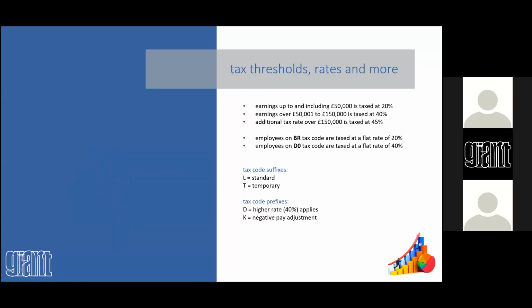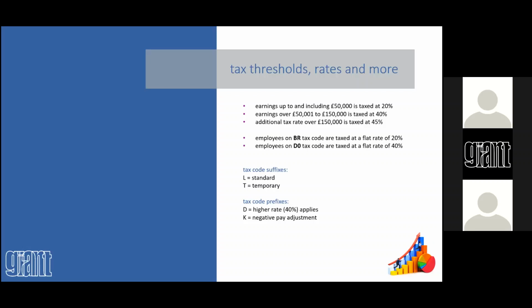It is important to understand the tax threshold, as this will determine the percentage of tax that will be calculated in payroll for you. Highlighted in the text are the tax bands. An L tax code is the standard tax code. For example, 1250L tax code provides a standard annual allowance of £12,500.